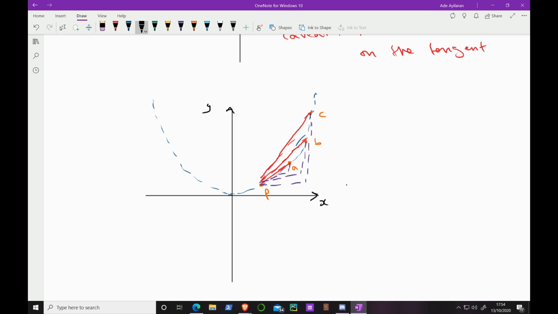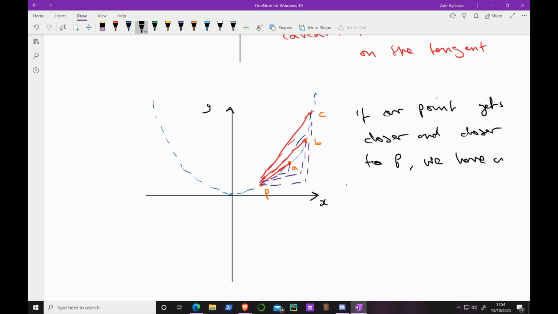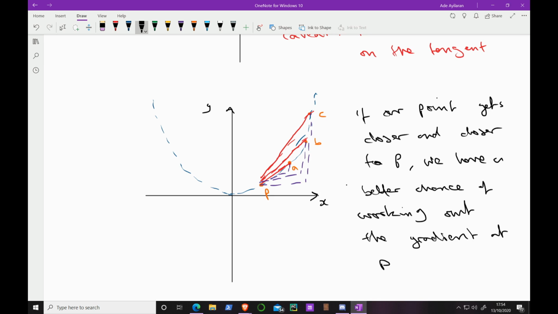The thing is, if our point gets closer and closer to P, we have a better chance of working out the gradient at P. The problem with P to C is that it's basically not a tangent.